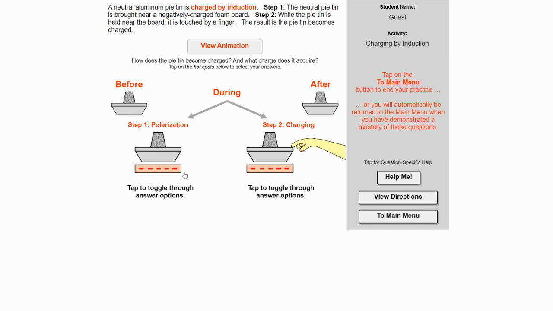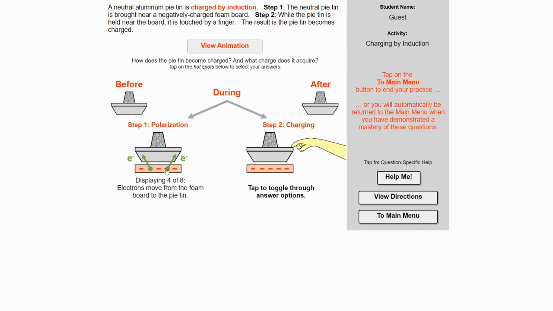Here, just because this is different than the balloon example that I had drawn, you have an aluminum pie tin and you're putting it near a negatively charged board. So again, protons don't move. Electrons, are they going to move away from the negative charge here? Yeah, I don't even have to click any farther. They're going to move a little bit farther away.